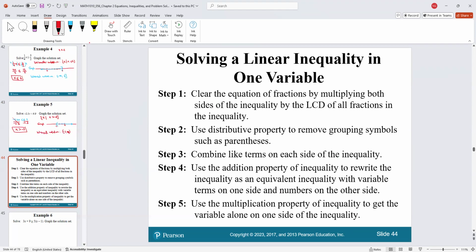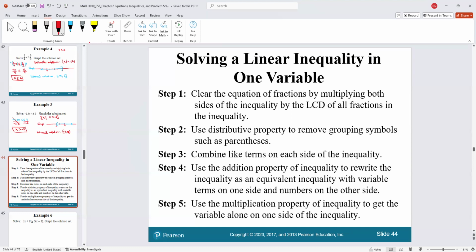Second, we use the distributive property to remove grouping symbols such as parentheses. We combine like terms on each side of the inequality. We use the addition property of inequality to rewrite the inequality as an equivalent inequality with variable terms on one side and numbers on the other side.